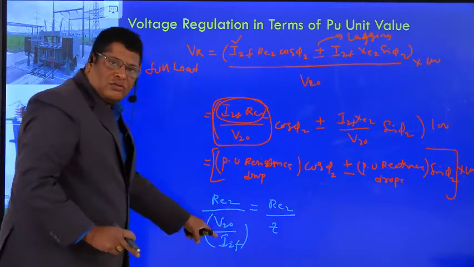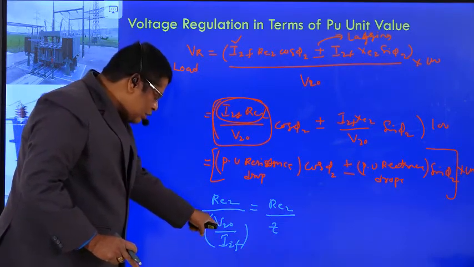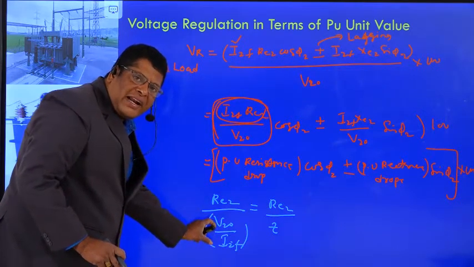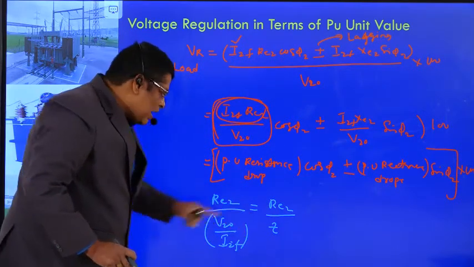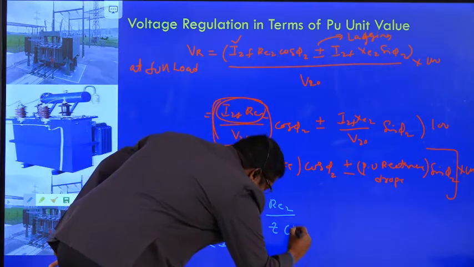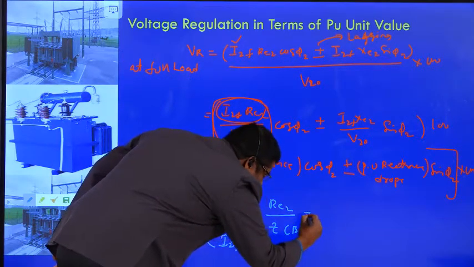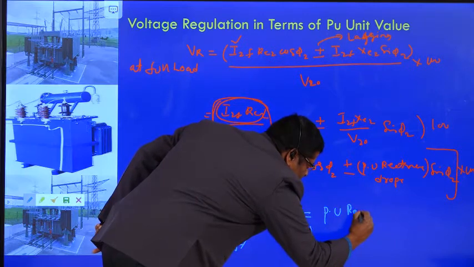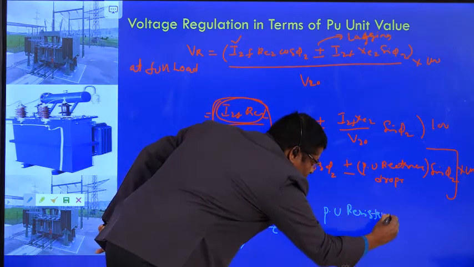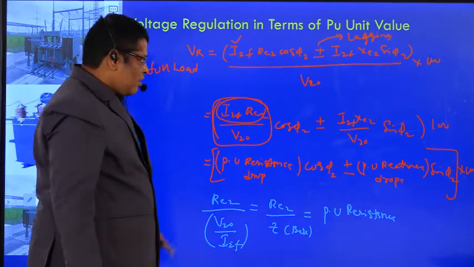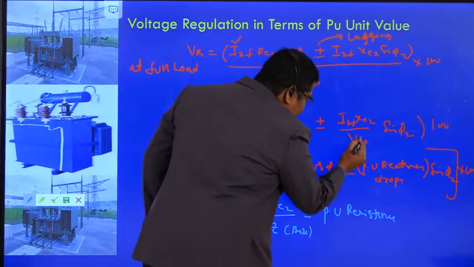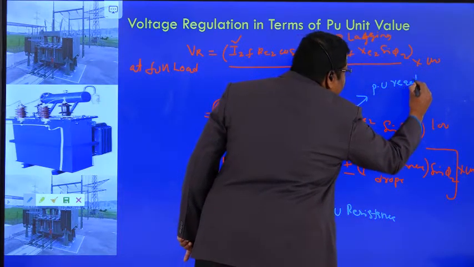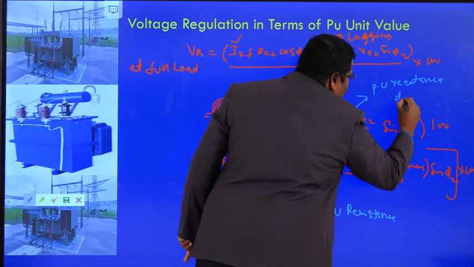These two are the full values, nothing but rated values: this is the rated voltage and this is the rated current. Voltage by current gives the impedance. This value is nothing but the base value. So we can say this value is the per unit resistance of a transformer. In the same manner, this we represent as the per unit reactance of the transformer.